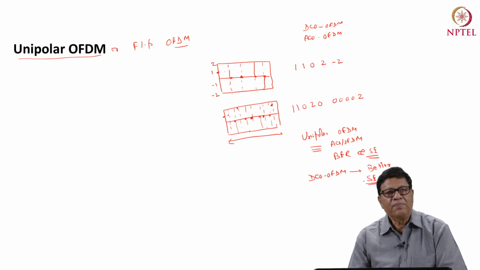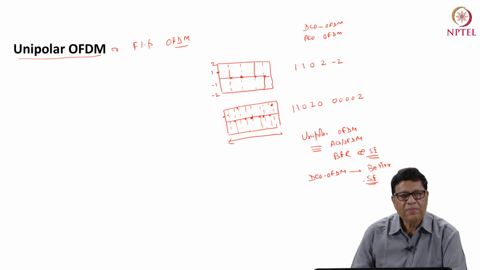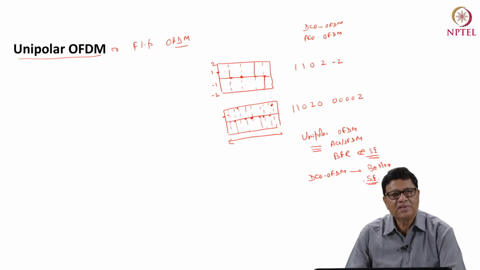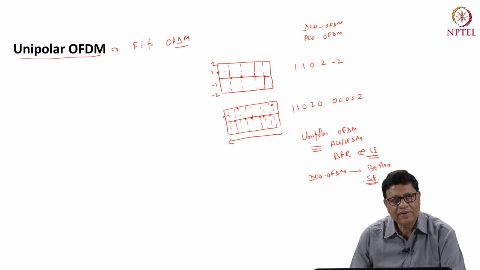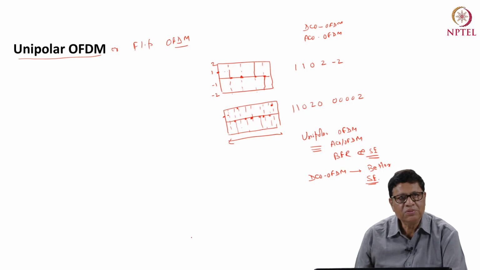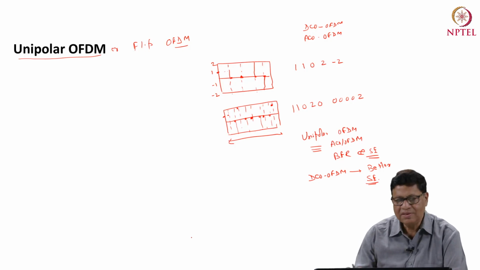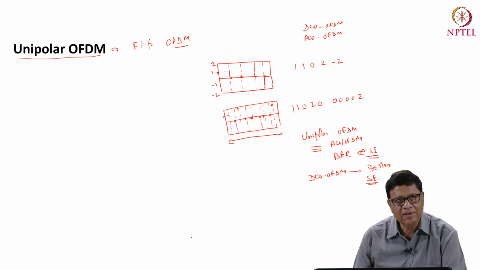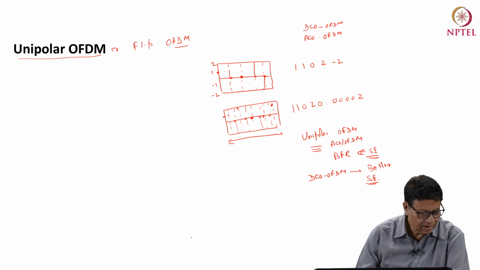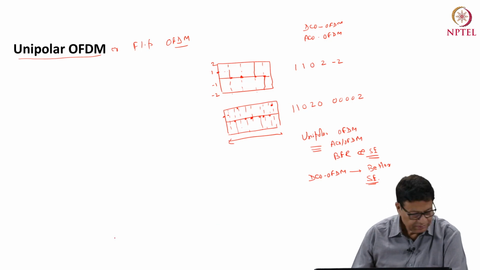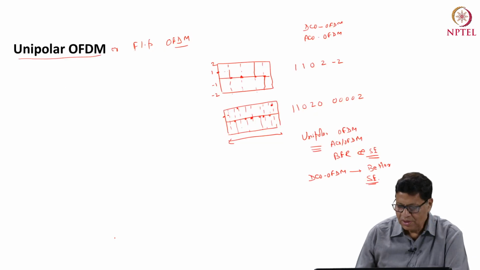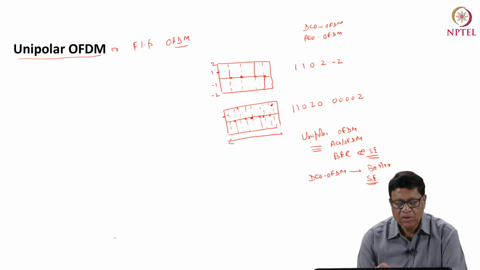So depending upon the complexity, depending upon whether you require a power efficient system or a spectral efficient system, one has to make a choice among these techniques: DCO-OFDM, ACO-OFDM, and unipolar OFDM or flip OFDM. So this is in brief about the OFDM.